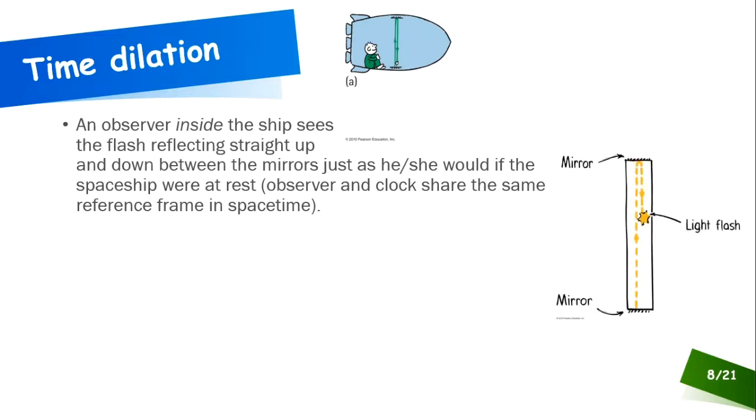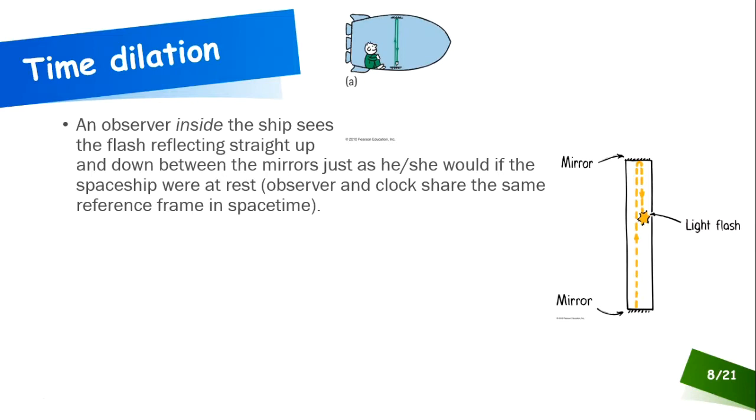Okay, so it's kind of like this setup here, where we've got a flash of light that gets sent between 2 mirrors, and it just bounces back and forth. So for an observer inside the ship from that frame of reference, you're going to see the flash of light move straight up and straight down between the 2 mirrors. Okay, the same as if the rocket ship were not moving at all.